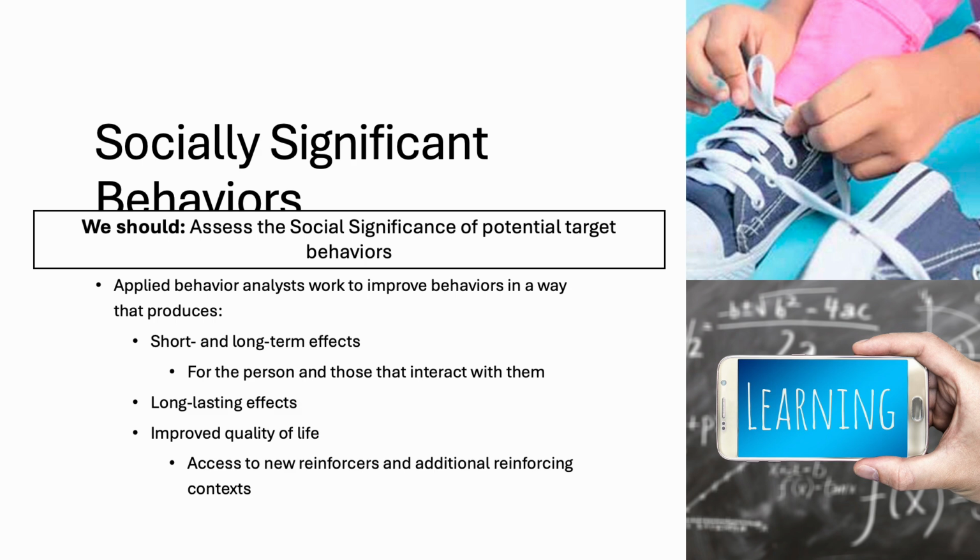You should be aware that when you are beginning services with a client, there will be a myriad of potential behaviors to work on, but we won't be working on all of them at a given moment. You will choose the main ones to focus on based on social significance, and then eventually, once some behaviors are mastered or you see progress with certain behaviors, you can go ahead and add some of those other behaviors of concern in. But for today's lecture, we'll be focusing more on defining target behavior.